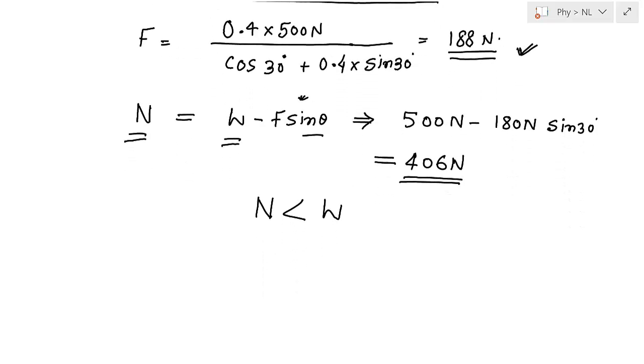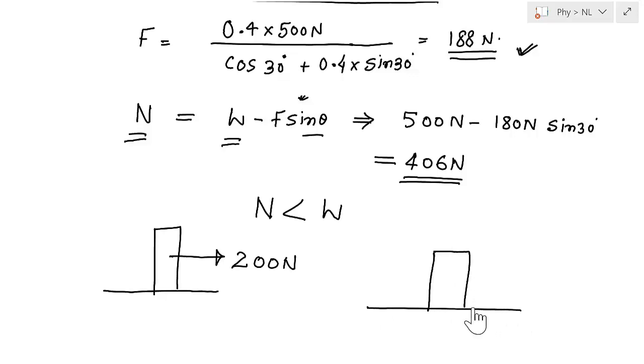But if you pull with a horizontal force, you have to apply a force of 200 Newton. If you remember in the previous problem, if you apply a force in the horizontal direction and you want to pull this crate, you have to apply a force of 200 Newton. But this time you apply a force at an inclined angle, and you have to apply only 188 Newton, and this also depends upon theta.